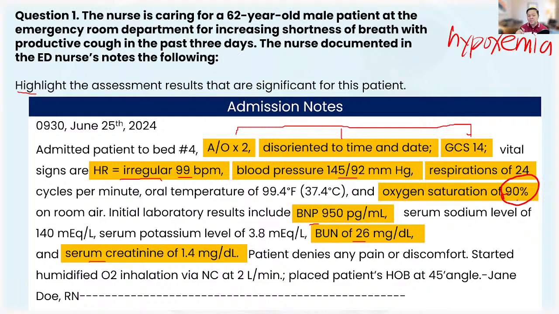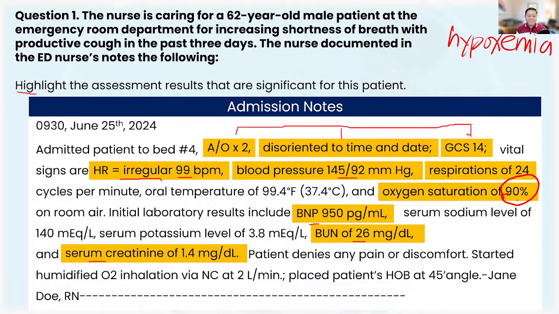That would be so noticeable. But for those patients with chronic hypoxemia because of congestive heart failure, the patient will probably have this disorientation for quite some time, and the family will probably just think he's having some dementia or some sort of that.